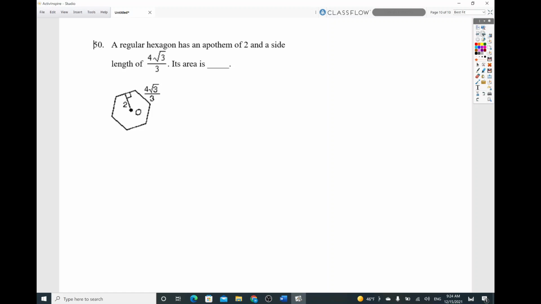And then the last page, another sample problem. A regular hexagon has an apothem of 2 and a side length of 4 root 3 over 3, then that one is going to be easy. The way to find the area of any kind of regular polygon is always 1/2 times apothem times its perimeter. So 1/2 times apothem, 2.